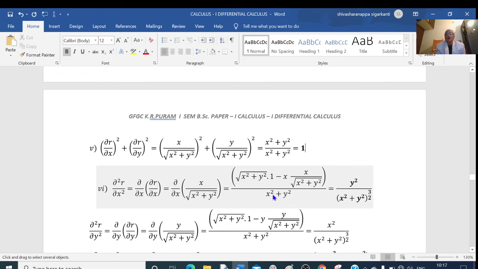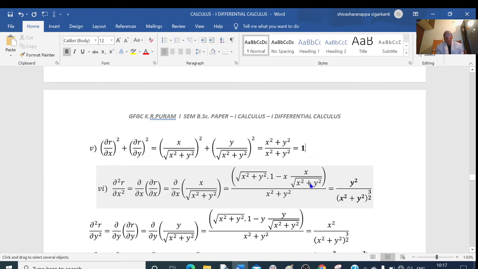Here, the denominator squared means x² + y². Denominator, root of x² + y², into the derivative of the numerator, which is 1, minus numerator x into the derivative of the denominator, root of x² + y², whose derivative is 1 by 2 root of x² + y² into 2x. 2 gets cancelled. I am getting x by root of x² + y².